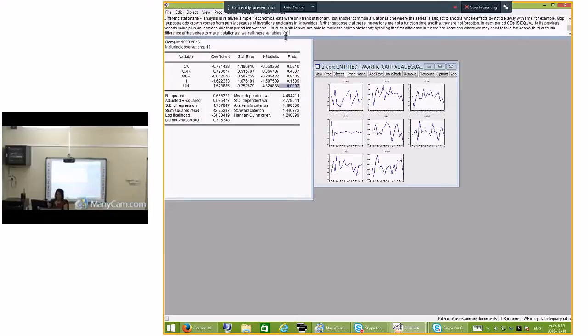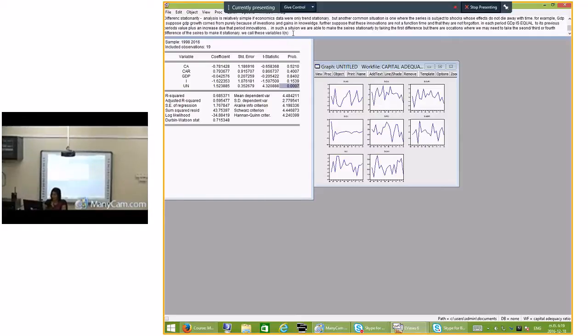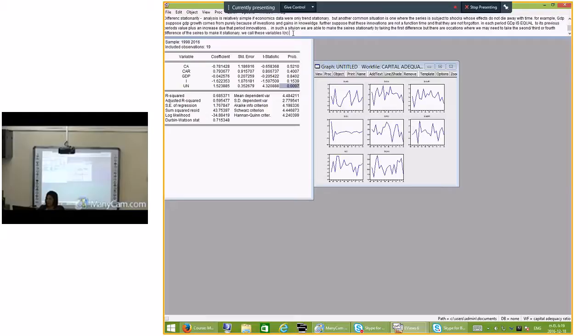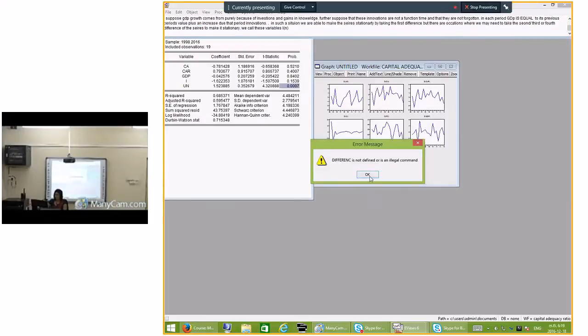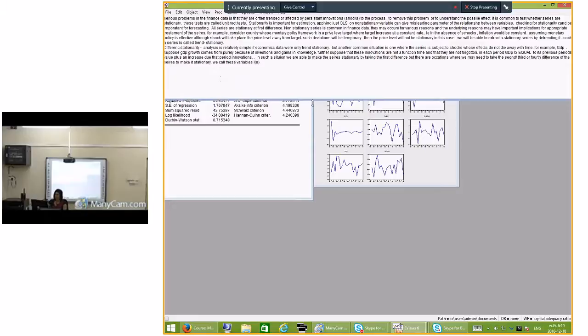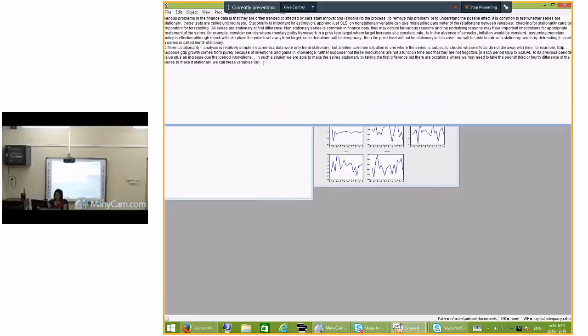That is very important: different stationarity and trend stationarity. Otherwise there is incorrect identification of the type of non-stationary.